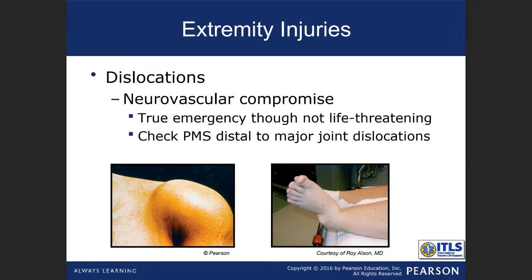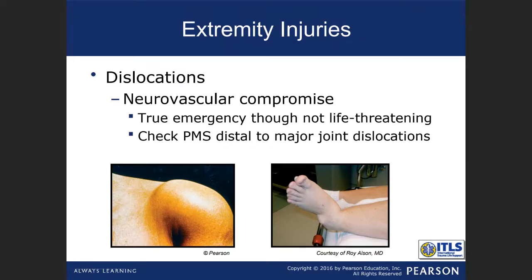Now, with dislocation, there is a high risk of neurovascular compromise. And what that means is there is a high risk of the pulse or blood vessel being compromised. There's a high risk for damage to the sensory nerve, and there's a high risk of damage to the motor nerve. So your role as an EMT is to assess PMS. That's the purpose of assessing PMS.